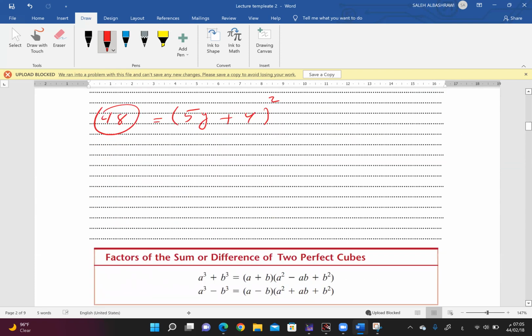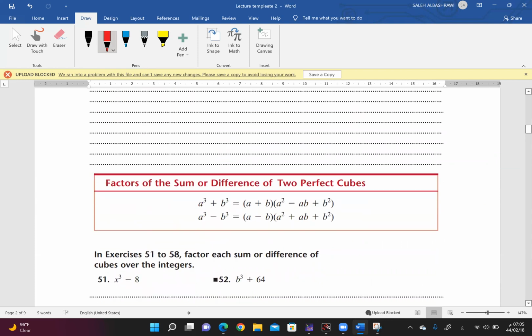Now, another type of special factoring is the factors of the sum or difference of two perfect cubes. If I have a cubed plus b cubed, or a to the power 3 plus b to the power 3, the factor can be written as a plus b, keeping the sign between the two cubes in the first bracket, then a squared minus ab plus b squared.